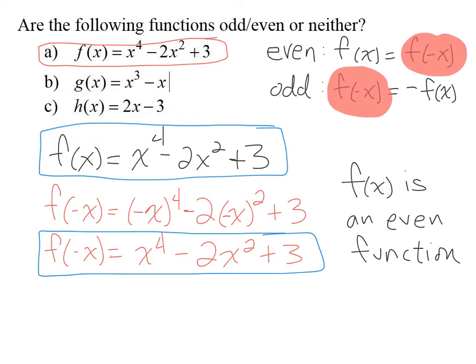Another way you could tell that f of x is even is by looking at the exponents on the variables. If you notice, right here, there's an x to the fourth. Right here, there's an x to the second power. And over here, with the 3, there's an implied x to the 0 power.